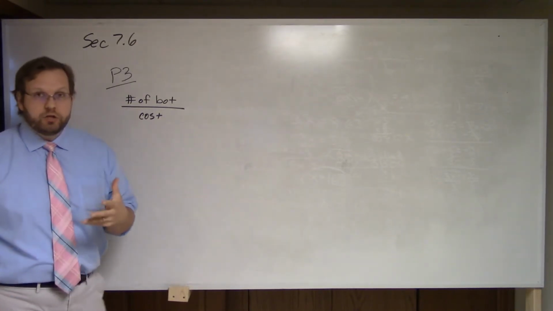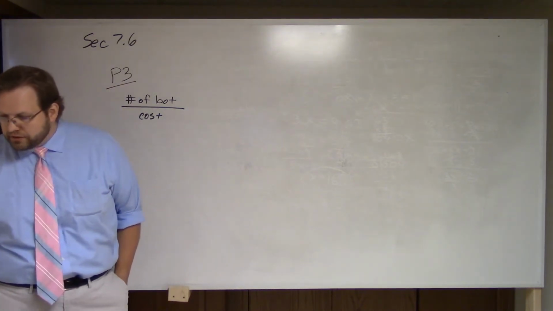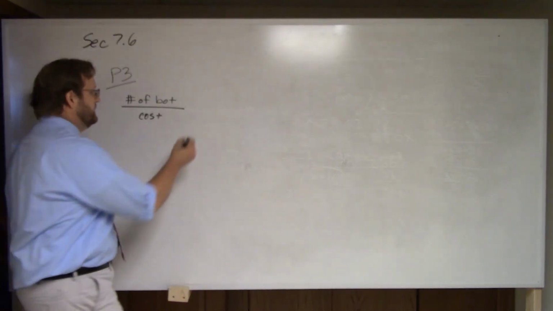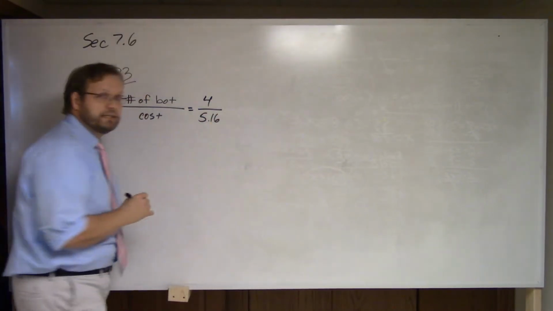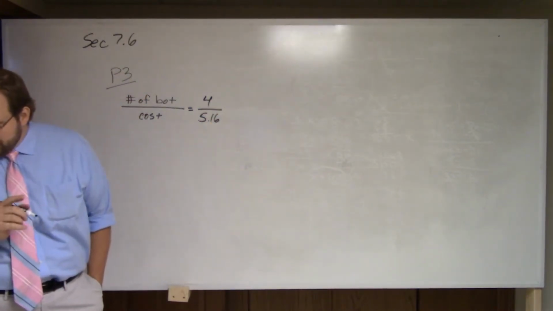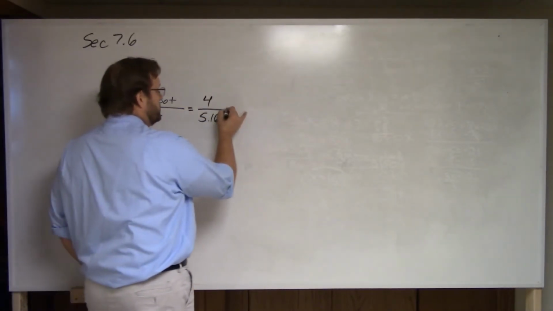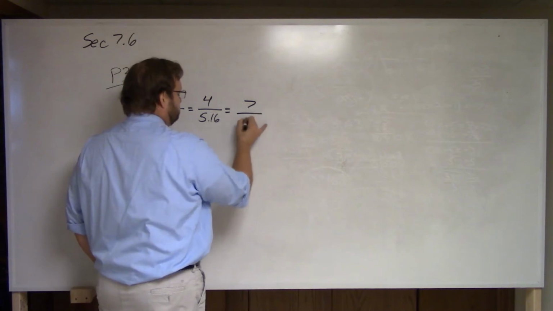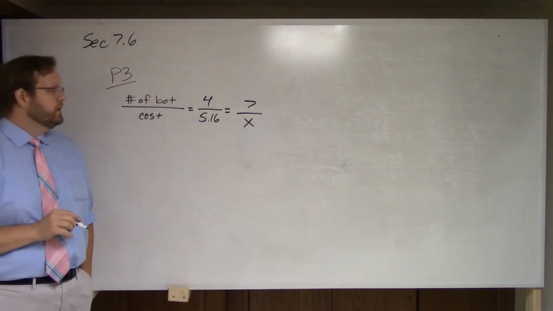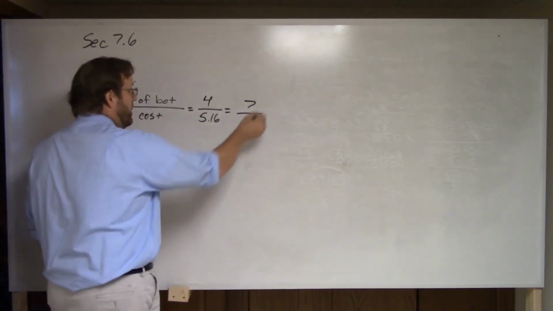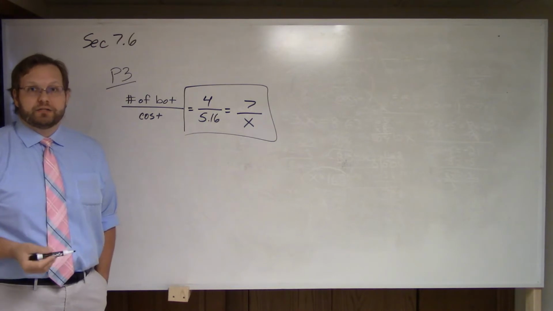Now, they tell you one ratio, one comparison: 4 bottles cost $5.16. So we've got 4 bottles, $5.16. Next, how much will 7 2-liter bottles cost? So, 7 bottles, I have no idea how much that is going to cost. So I now have my proportion here that I can solve.